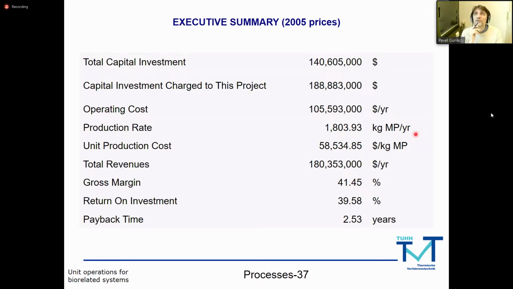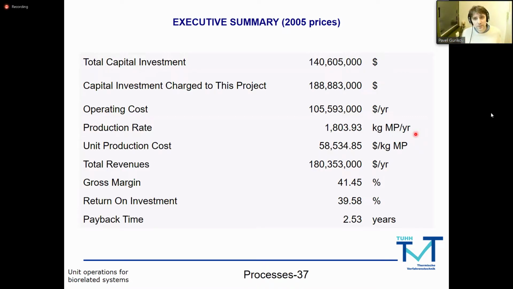So we require 46 tons of various chemicals to produce 1 kg of main product, and we require approximately $60,000 to produce 1 kilogram of insulin. Definitely this number, 60,000, is without inflation, without all this macroeconomic situation.